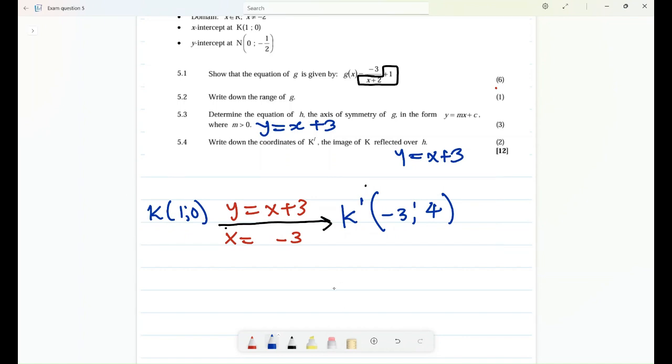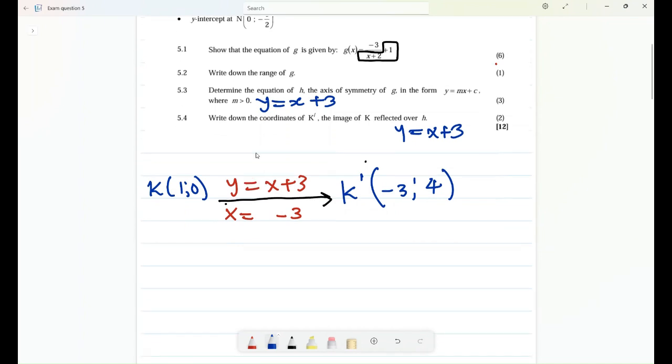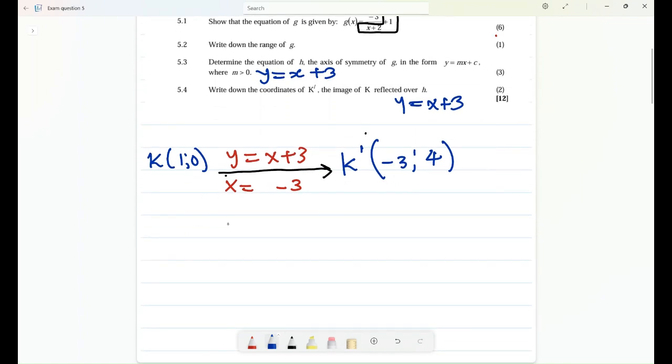Now, let's say they say to you, remember normally they like to say reflect across the y-axis. Remember, across the y-axis, it is where x is equal to 0. So, where x is equal to 0, let's say we had a point k 1 and 0.